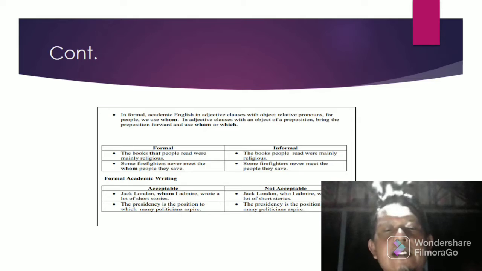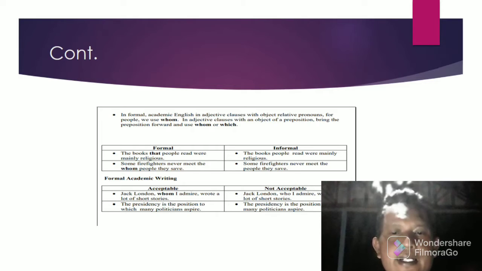Then the presidency is the position to which many politicians aspire. Then the presidency is the position that many politicians aspire to. Here are examples of adjective clauses starting with relative pronouns who, whom, and which.